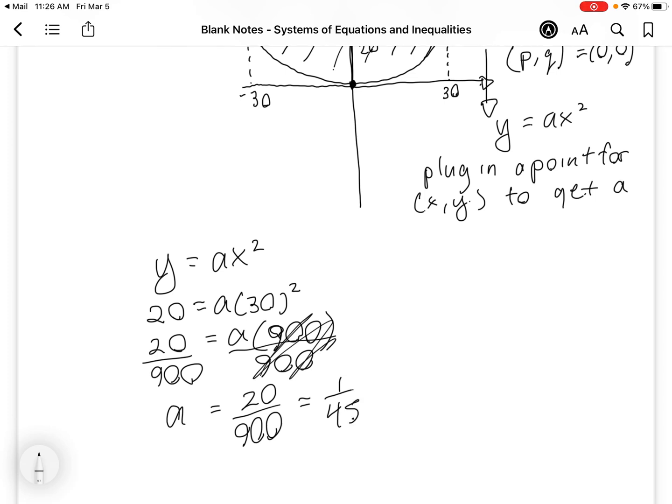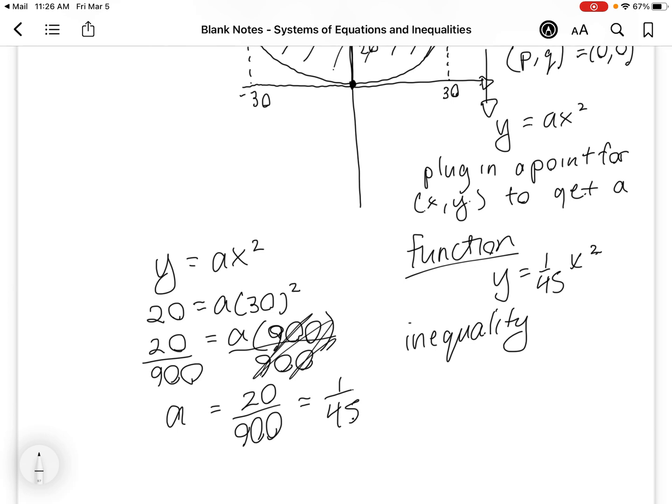Okay, so the corresponding function is y equals 1 over 45 x squared. Okay, the inequality, because we're shading above the curve, will be y is greater than or equal to 1 over 45 x squared.